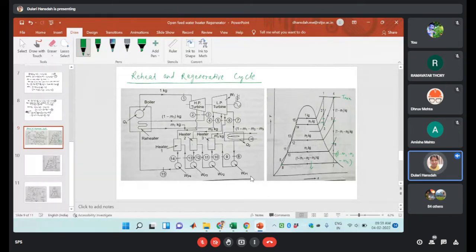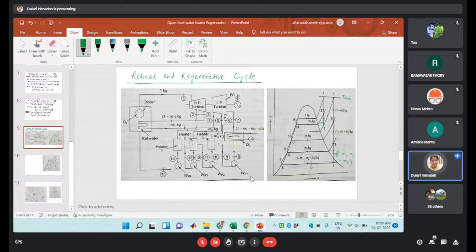up to the feed water heater pressure. So this is the heater pressure. So it is the inlet to the heater 3, and point 6 is the inlet to the heater 3. Then again it will go to the pump 2. So the amount of mass will be how much? That will be 1 minus m1 minus m2 kg.